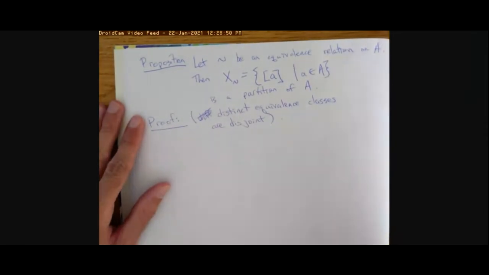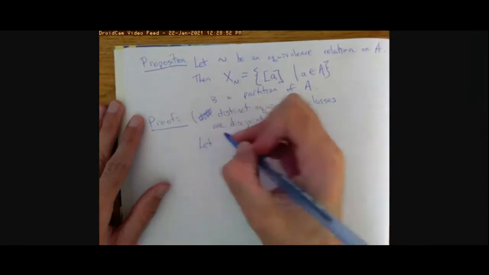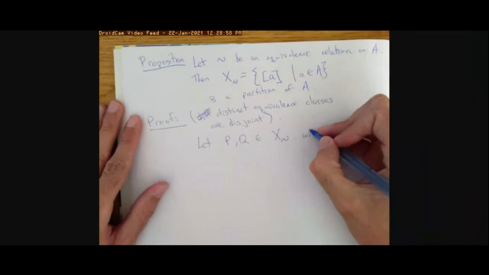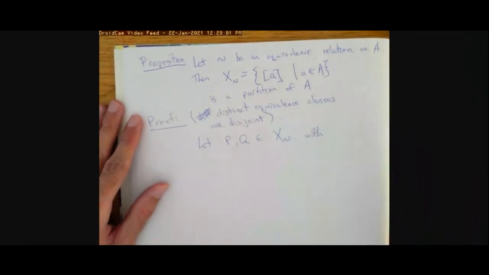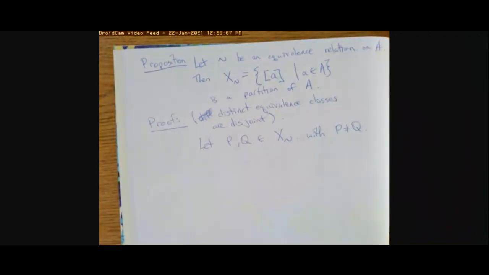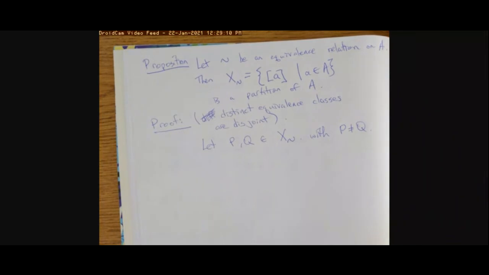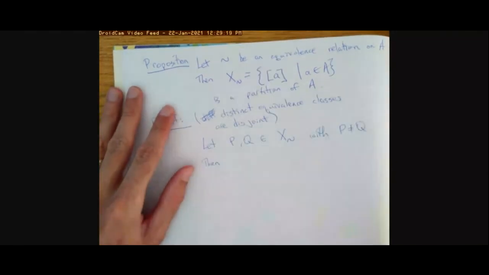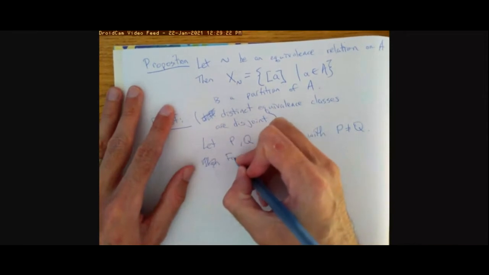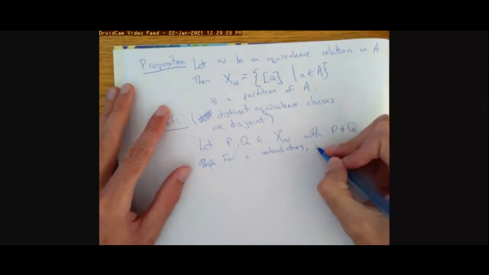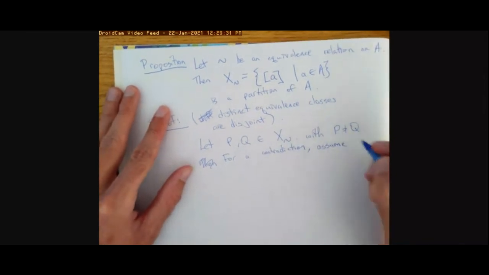Let P and Q be in X squiggle with P not equal to Q. And for a contradiction, assume that P and Q are not disjoint.